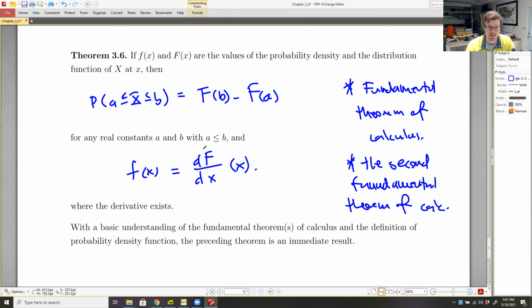Because F is the integral of f. So the derivative of an integral gives you back what you started with, and that's it. Okay, so this theorem is just an expression of the fundamental theorem of calculus and the second fundamental theorem of calculus within the context of our particular situation, probability.